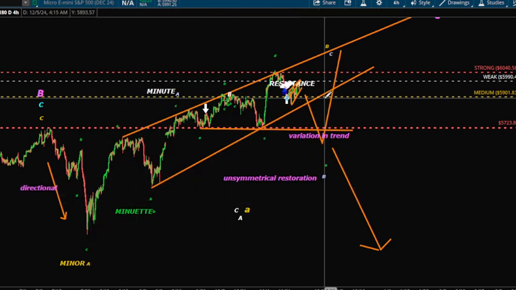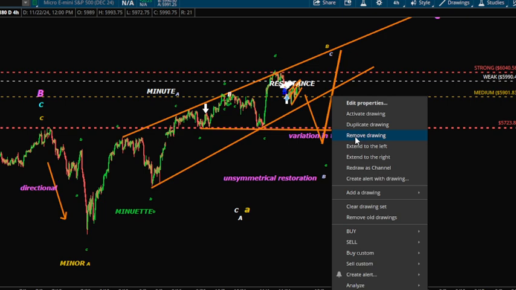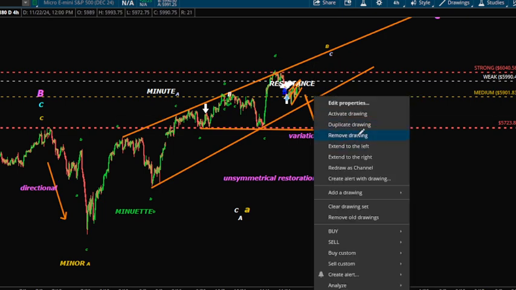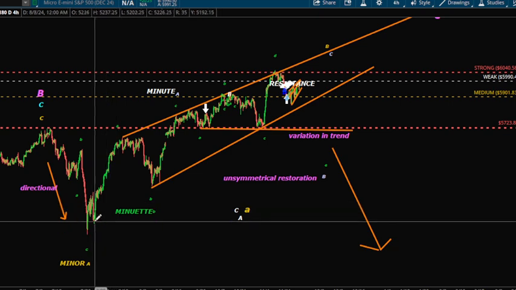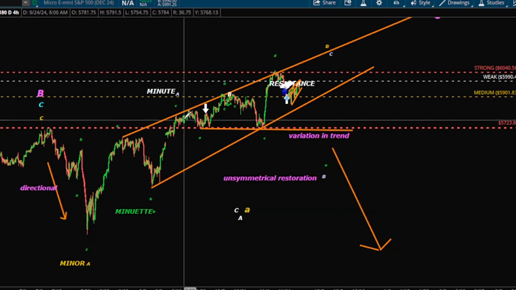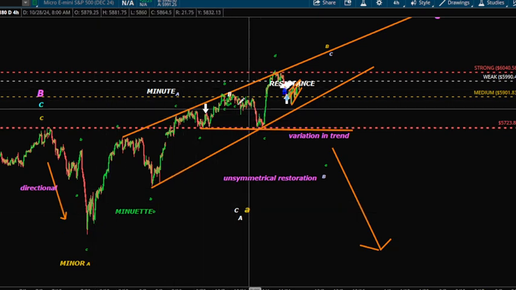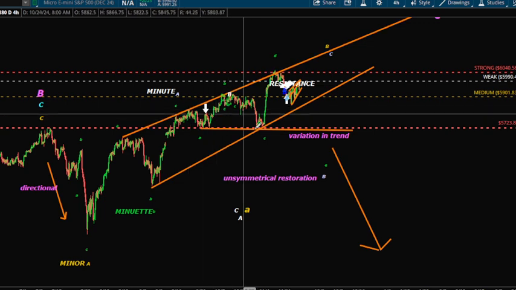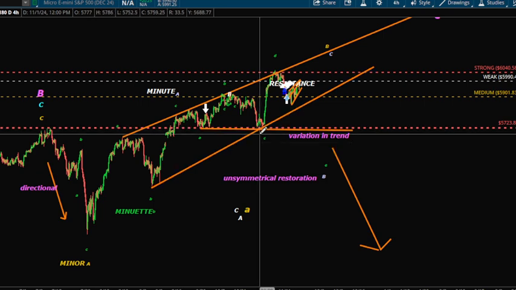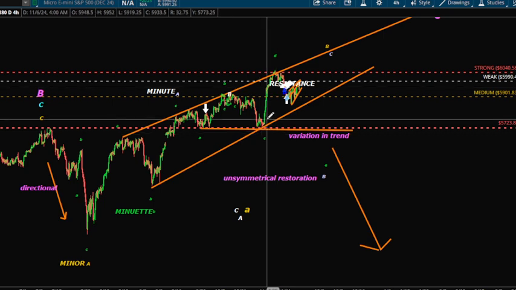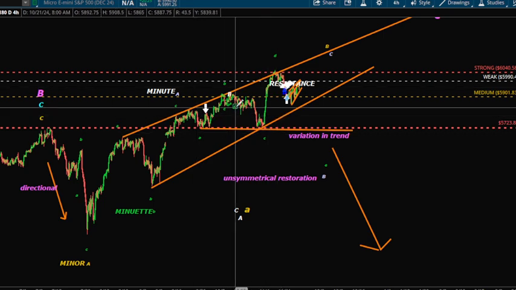The other move is that this is still a zigzag, A, B, C, and this is just you're connecting three waves, A, B, C, and then maybe this is your some kind of expanding flat here.